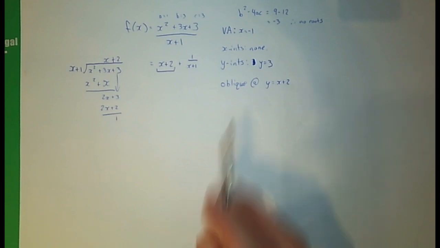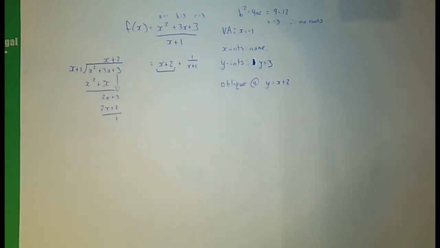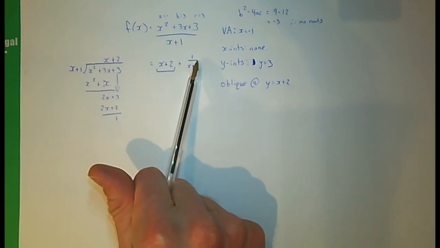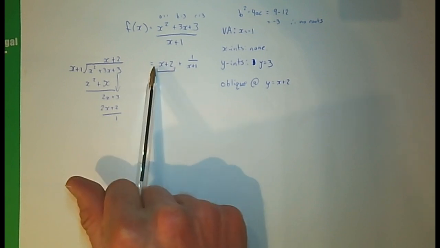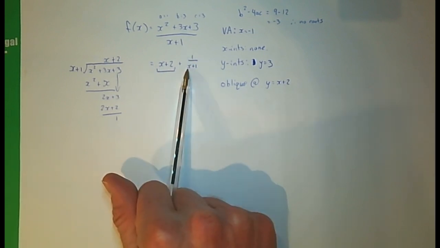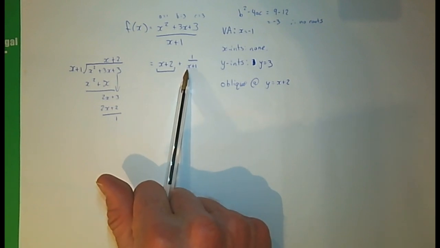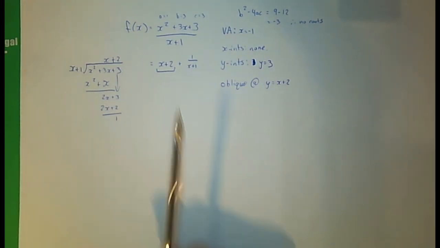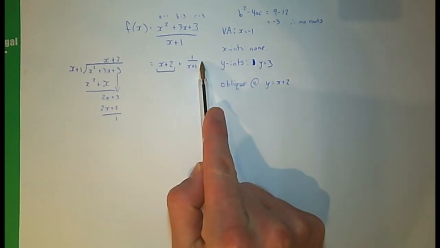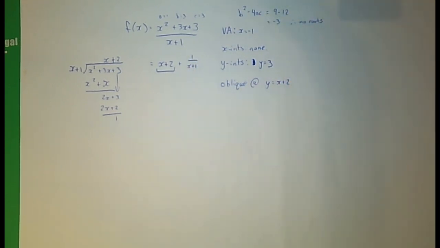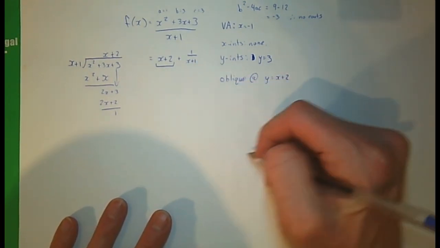So we are going to approach the vertical asymptote from the left and the right, and I'm going to plug in as x approaches infinity by testing a really large value, but I am not going to bother with this part because I know it's just going to be a large positive number adding a little bit to it. And when I do a negative, it's going to be a really large negative number adding a negative fraction to it as well. So what we're going to see is this little piece here will actually tell us if we're above or below the oblique asymptote. Let's graph what we have so far, and then I will come back to these final end behavior tests.